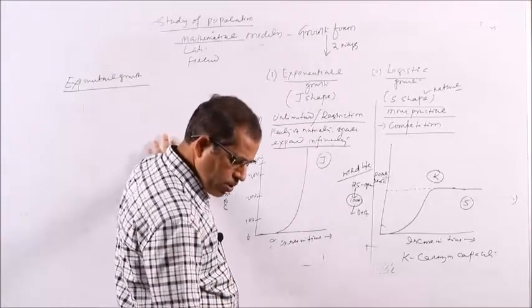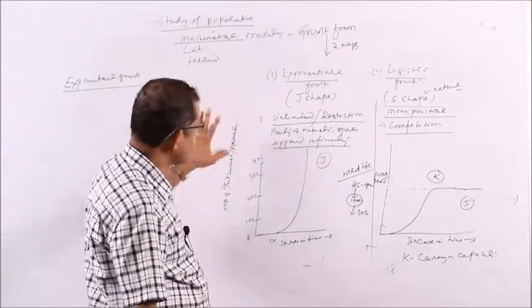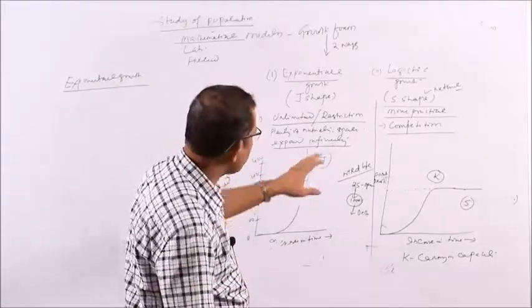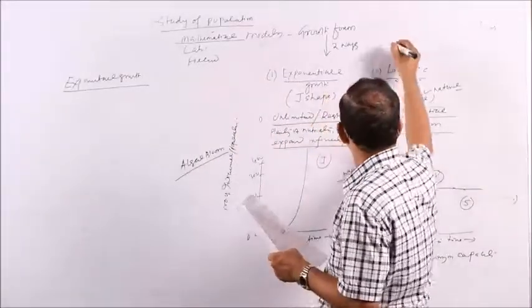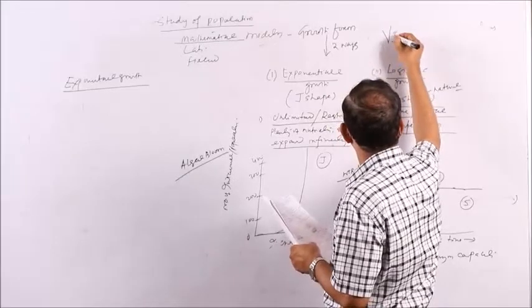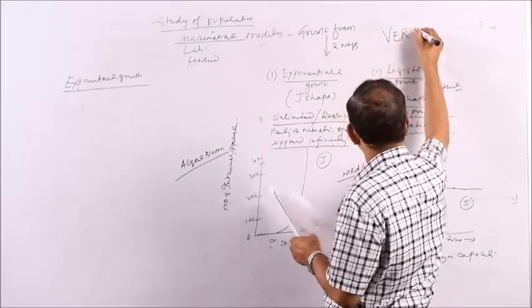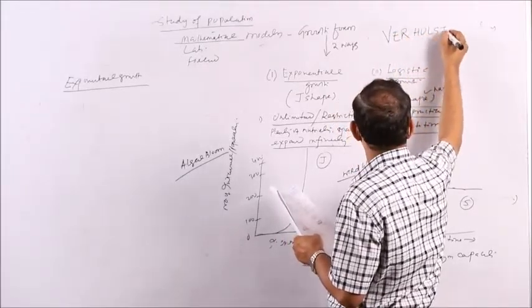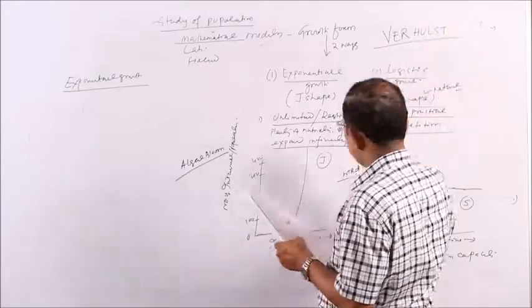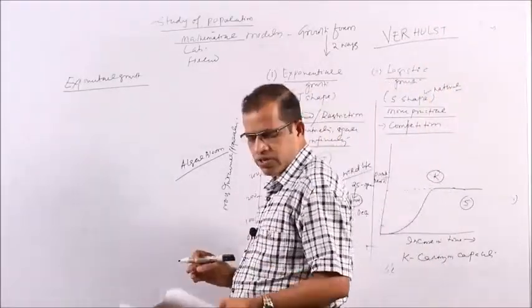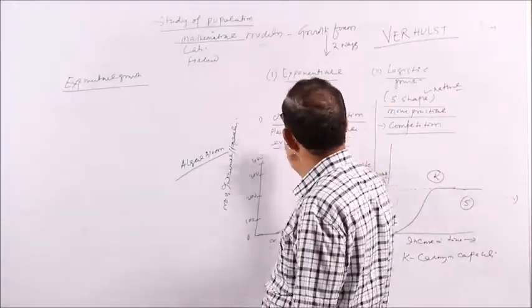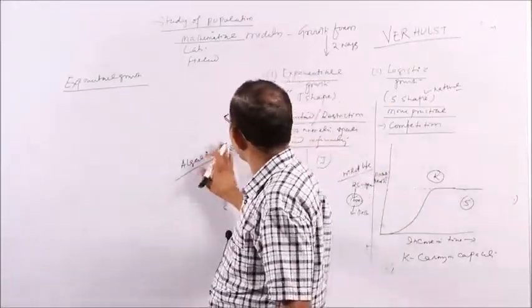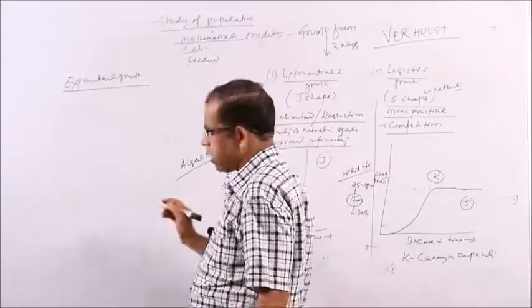Now, the scientist who is very famous for this logistic growth has a name that starts with V, V-E-R-H-U-L-S-T, Verhulst. He is the scientist who gave this concept. Now, the next part, let us come to the equation part.